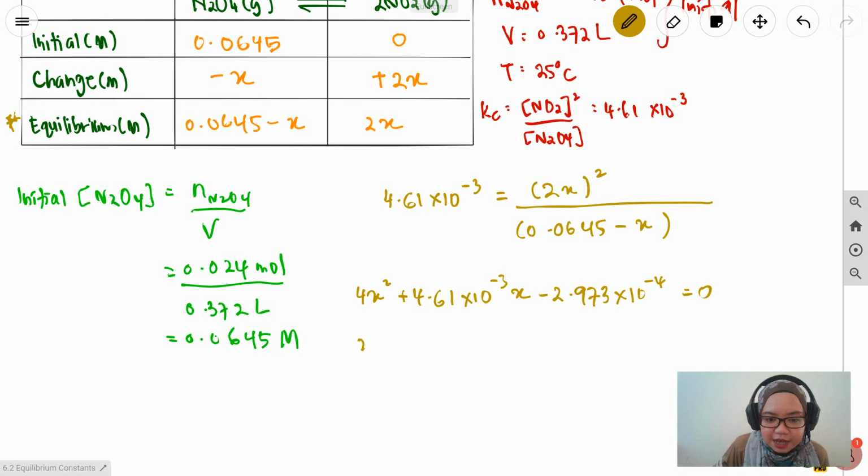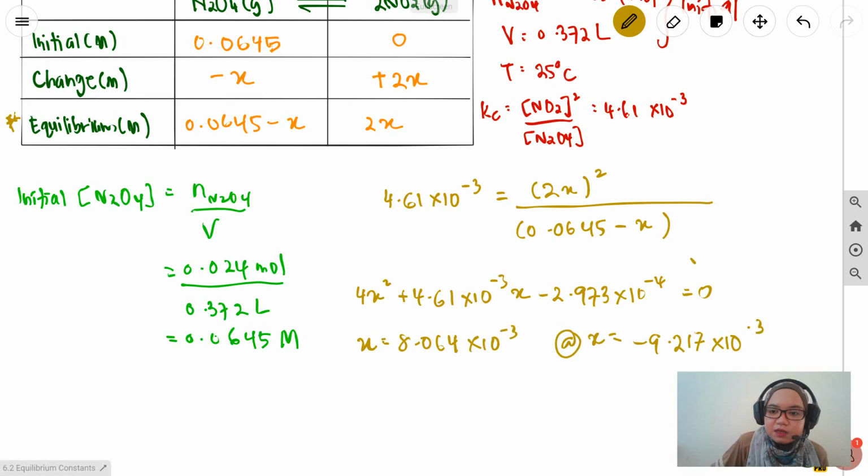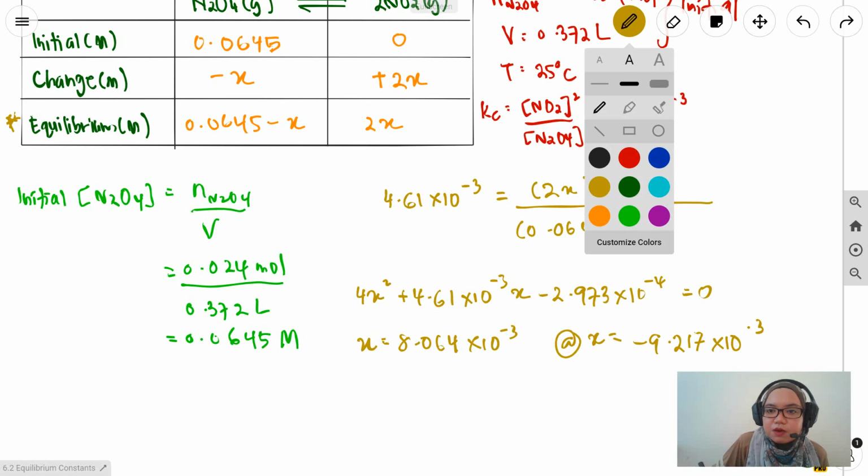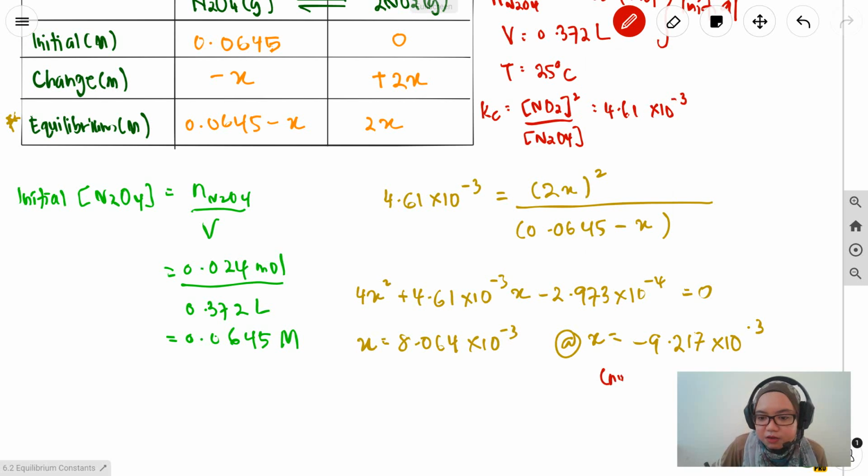And you will get x equals 8.064 times 10 negative 3, or x equals negative 9.217 times 10 negative 3, where this negative value is not acceptable. So we now know that the x that we are going to use is equal to 8.064 times 10 negative 3.